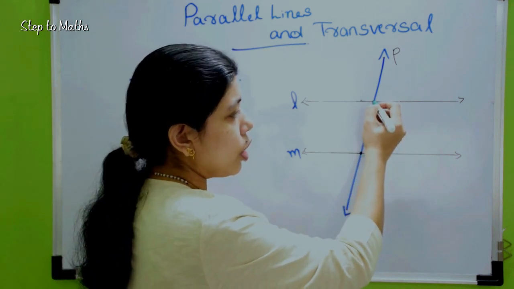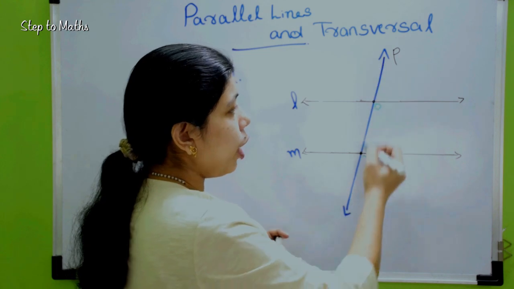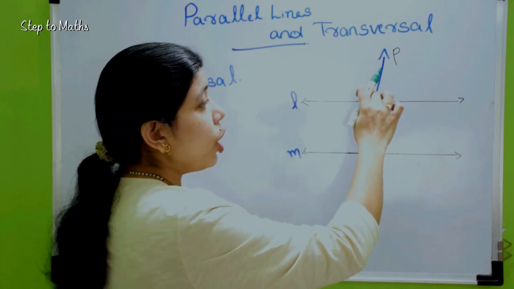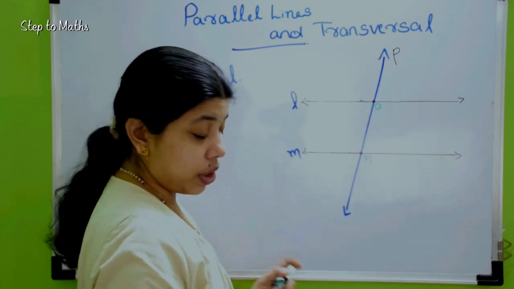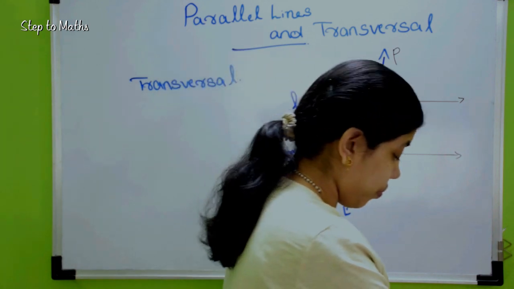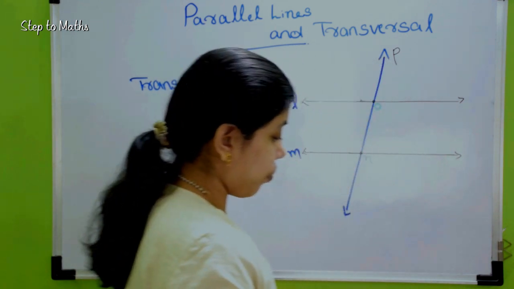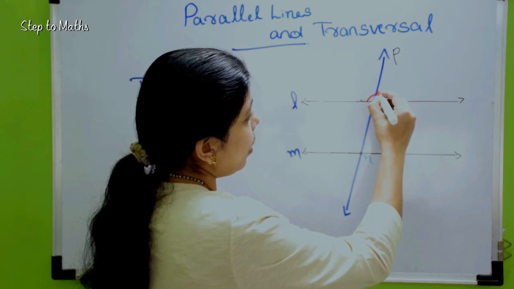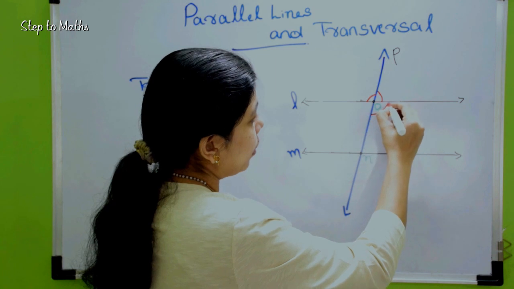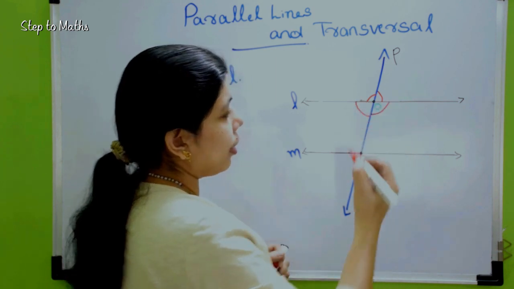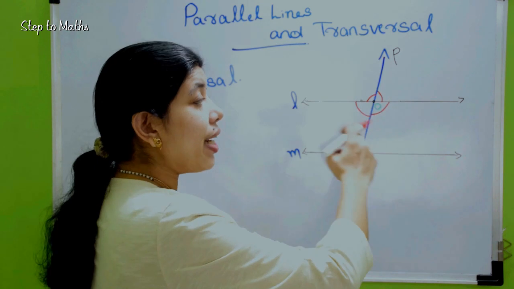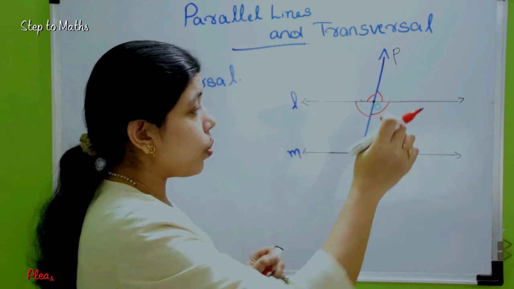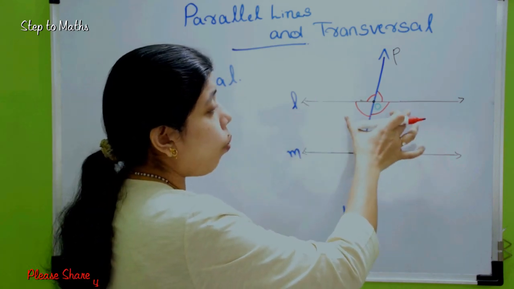Now, consider this point. When line P cuts the line L at the point O, 4 angles are formed, right? This is one angle, this is another angle, third angle and fourth angle. 4 angles are formed when the transversal cuts one parallel line.